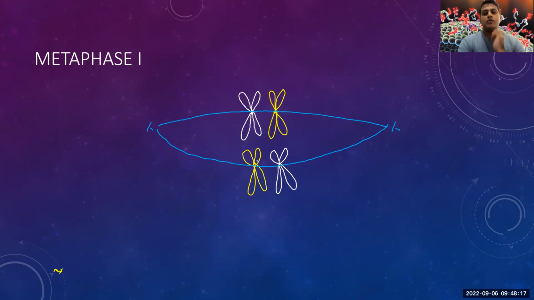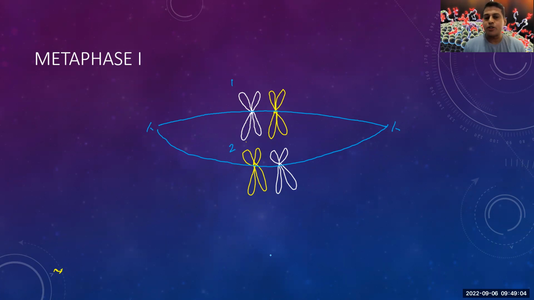Right. Now, if you look, what is the difference between the first pair and second pair? We can see the white one is on left, the yellow one is on right. In this second homologous chromosome pair, the yellow one is left, the white one is right. Now, imagine I'm going to line up all 23 pairs of chromosomes like this. Then I have to draw from here to here all these pairs of chromosomes.